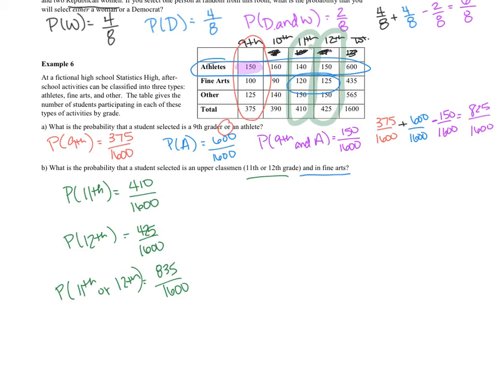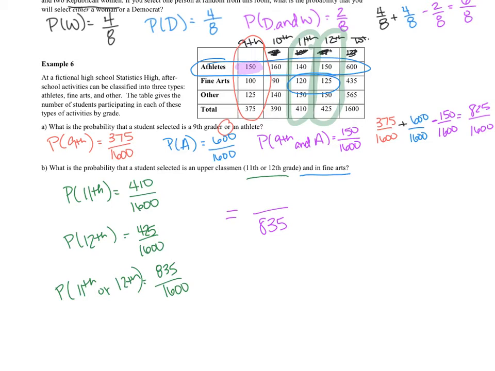Now, do I care now about all of these people sitting inside of here? That's a real question I want to know. Do I care about all 1,600 people? No. I only care about who? The 835 11th or 12th graders. So essentially what I'm doing is I'm restricting the people that I'm interested in. Instead of looking at all 1,600 people now, I'm only interested in 835 people.